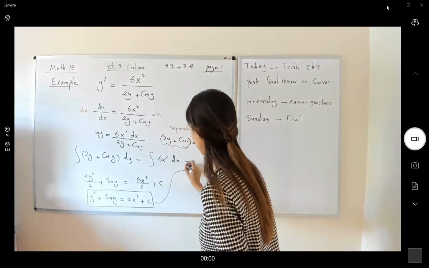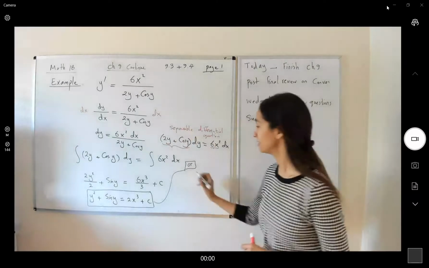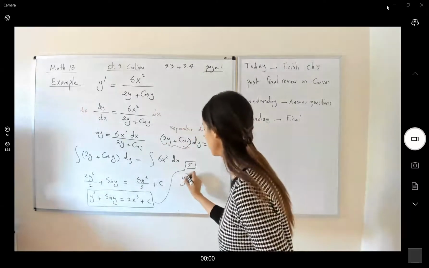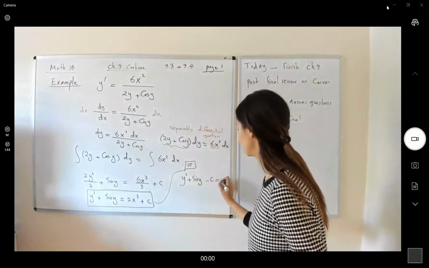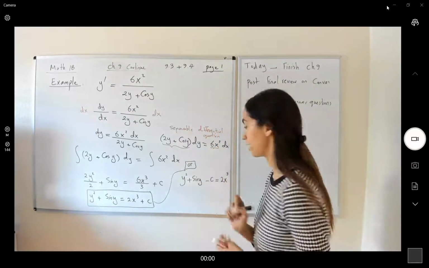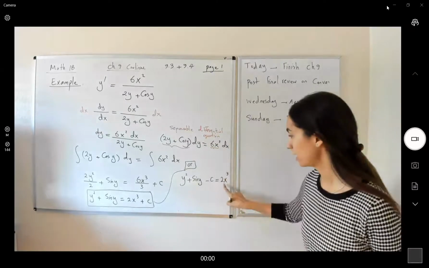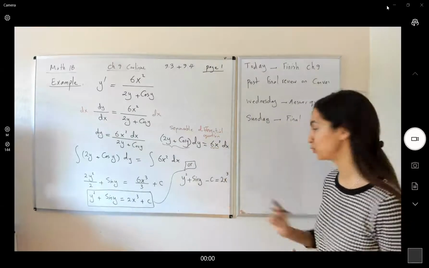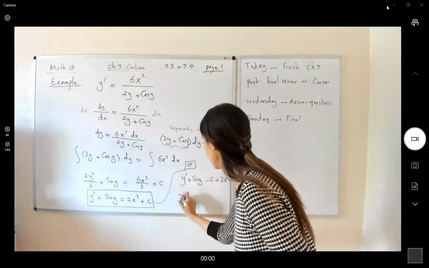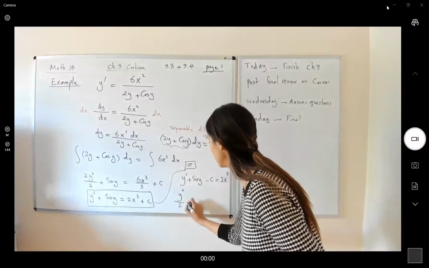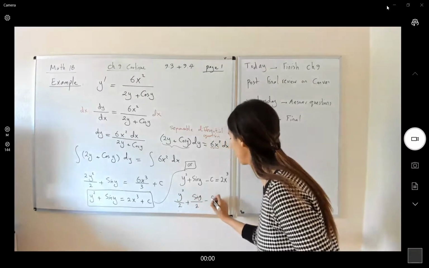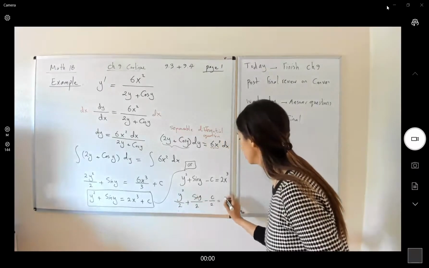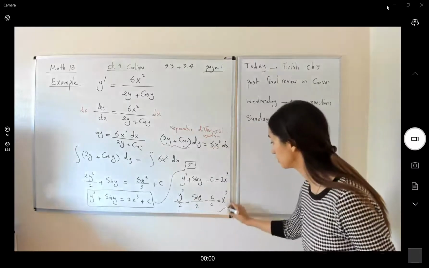Or you can say that, hey, I have y squared plus sine y minus c equals 2x cubed. Then divide everything by 2, and you get y squared over 2 plus sine y over 2 minus c over 2 equals x cubed.